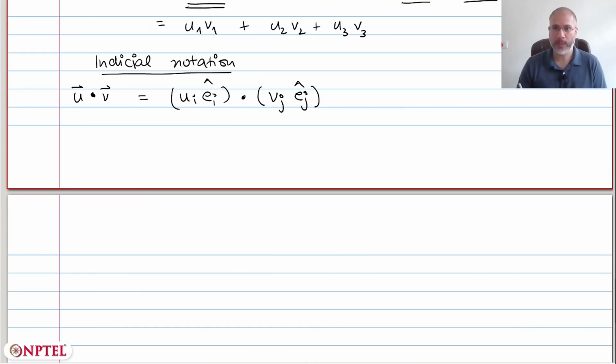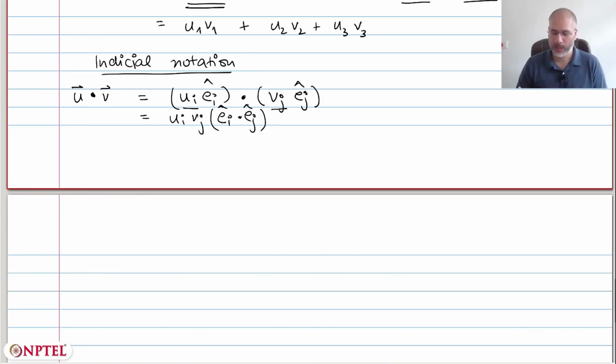You can see that we don't have the sum symbols here, but we will still open these brackets. ui and vj are simply scalar components of vectors, so they can be separated out. So this becomes ui vj, and then we have the term ei dot ej.